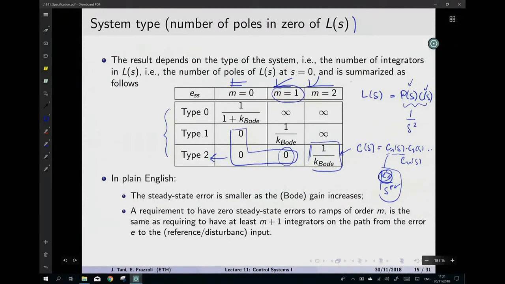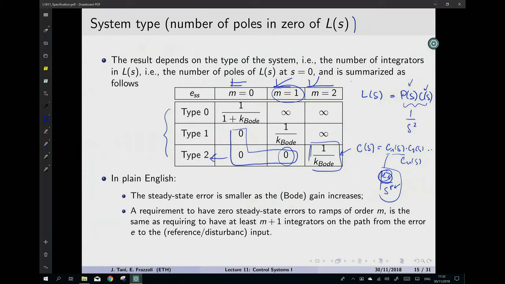So yes, this is pretty straightforward, and it's all there is to say about steady state errors. Just make sure you add poles and zeros of the right number such that you get 0 steady state errors for all the ramps that are of order lower than your poles in 0, and so on.